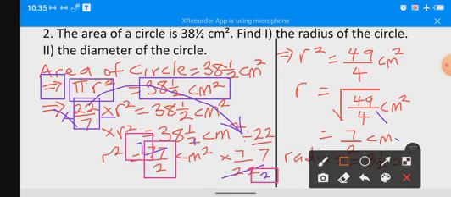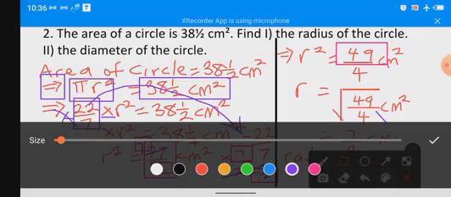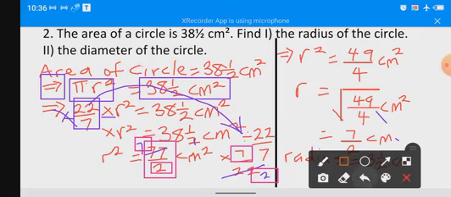Nothing can divide again. We have 7 here, 7 here, 2 here, and 2 here. So 7 times 7 gives us 49, and 2 times 2 gives us 4. So that's how we have our 49 over 4.